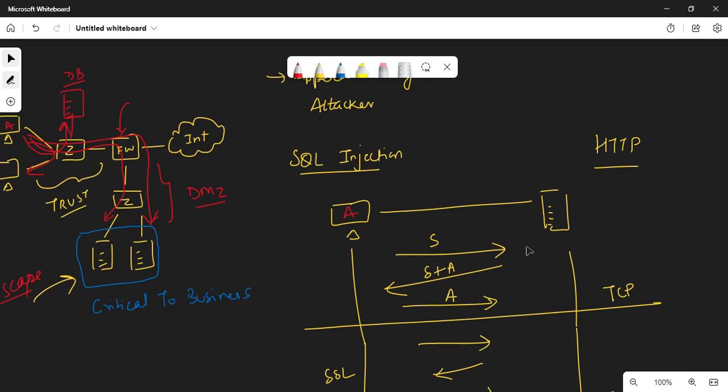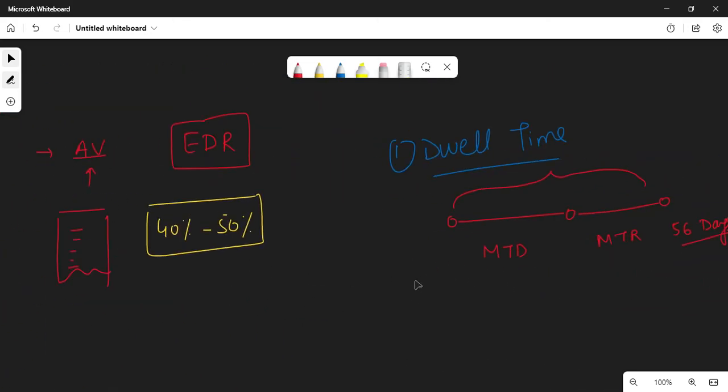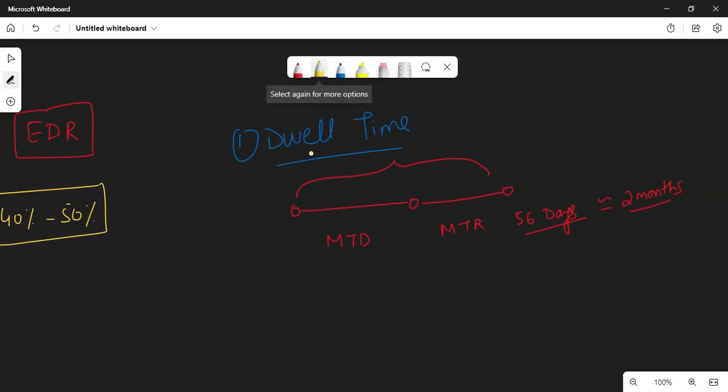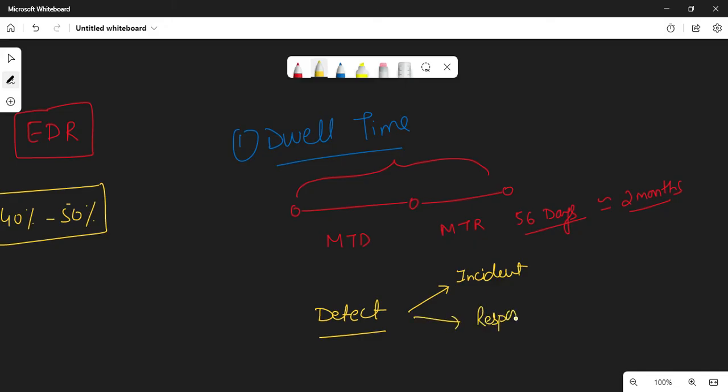So coming back to the EDR, what happens when we detect the attack, or let's say we have detected any particular malware, the incident gets triggered, and then you have your response to mitigate it, right?